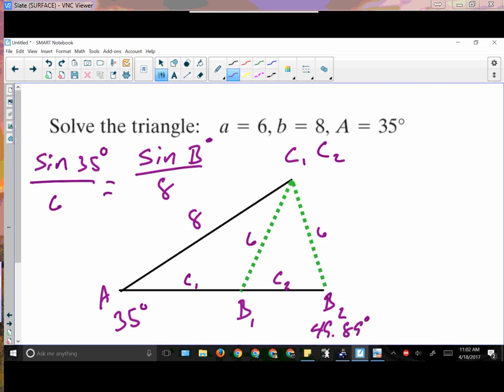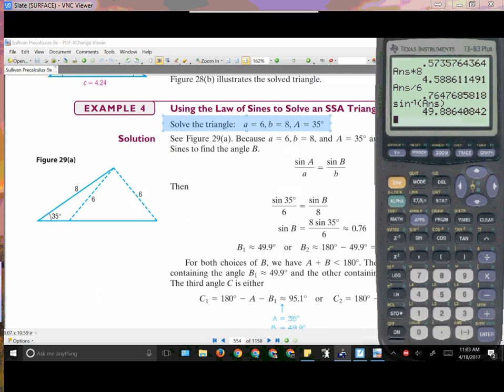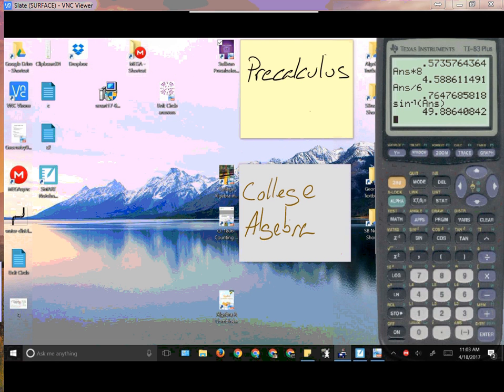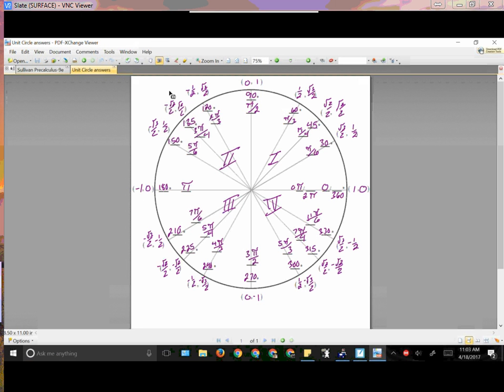Now my question for you is, going back to the unit circle, when we do inverse sine, where does it return? Which quadrants does it return in? Quadrants 1 and 4, so it returns it here.